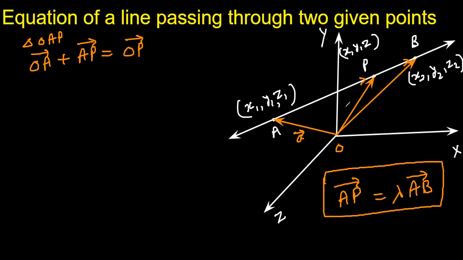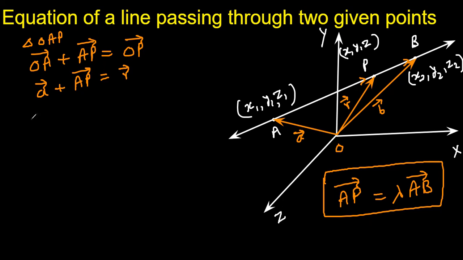OP can be represented by small r, OB by small b, with vector notation. So a vector plus AP vector is equal to OP, that is small r vector.